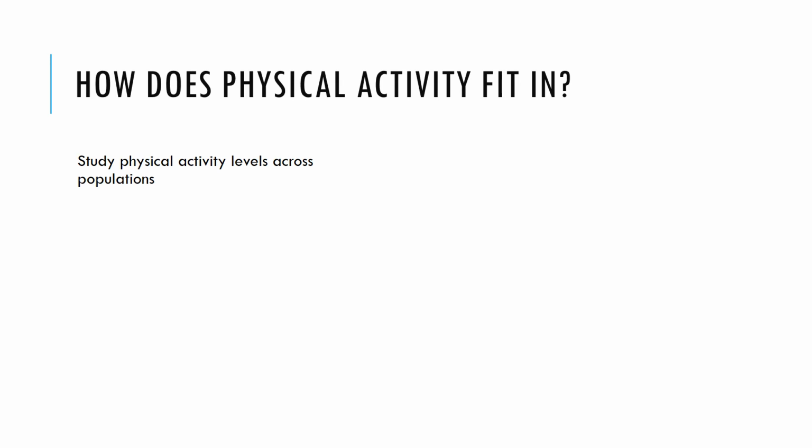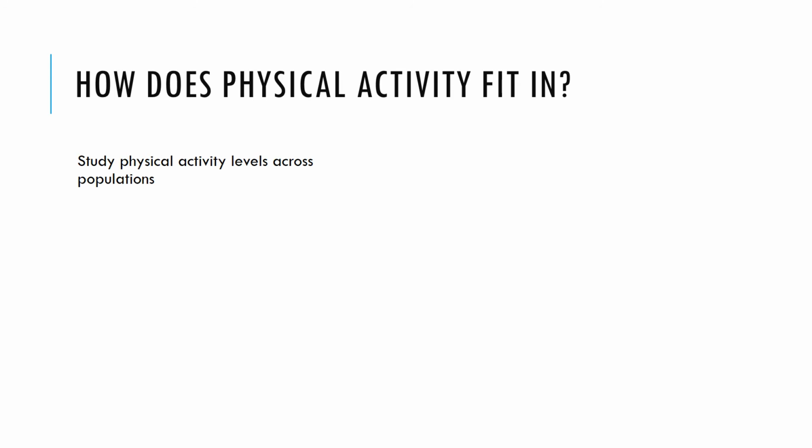And so this class, this semester, is a physical activity epidemiology course. So what does that mean? What we're going to talk about is the study of physical activity levels across populations. So we're going to talk about different age groups. We're going to talk about men and women. We're going to talk about people of various disease states. We'll talk about children.